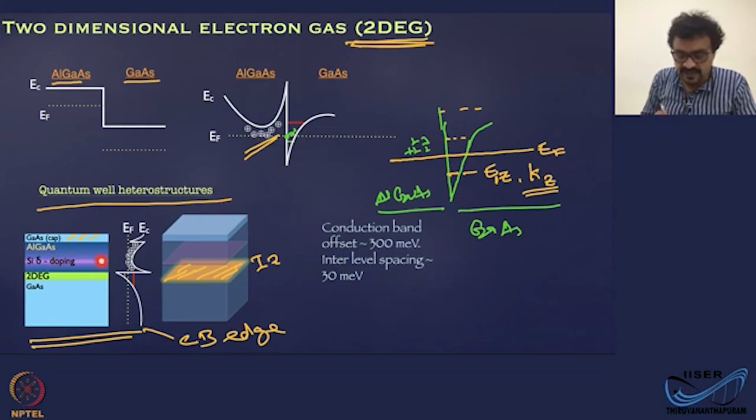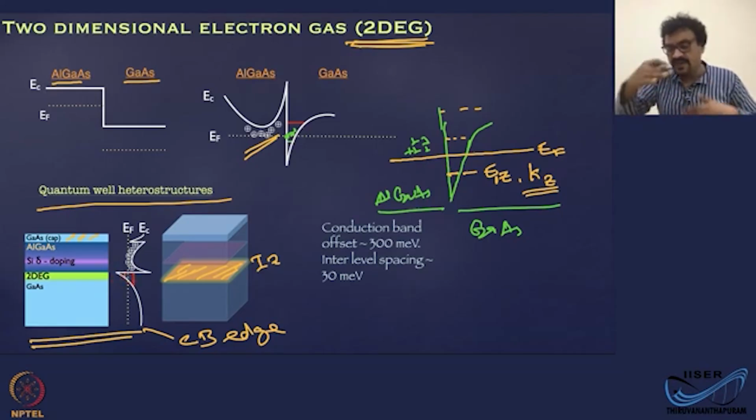And there is a thin remote doping layer in the middle, which we have seen in the previous slide, and that represents these positive ions here. And then this interface, which I have shaded in green here, is where the electrons are going to end up. That is where the well is going to get formed.